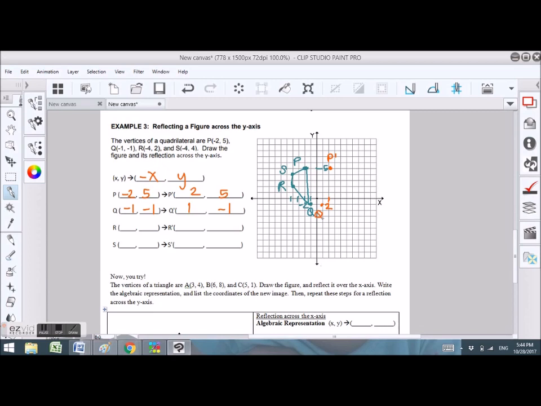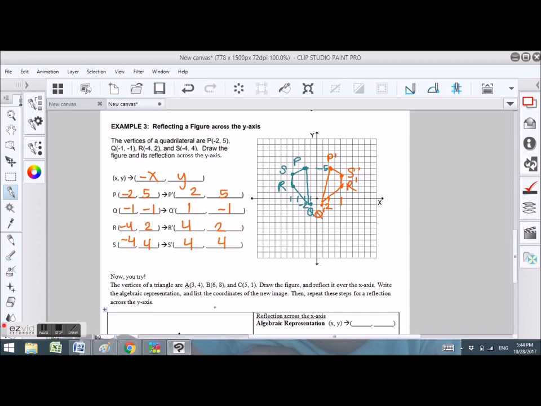This is Q prime. R, (negative 4, 2) becomes a positive (4, 2). And then S, (negative 4, 4) becomes positive (4, 4). So a reflected image would look something like that.